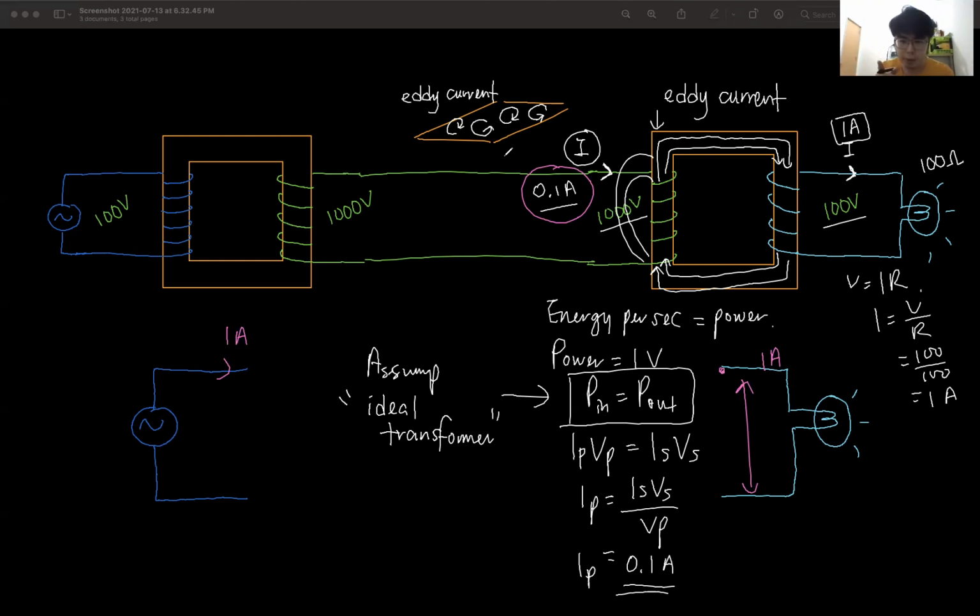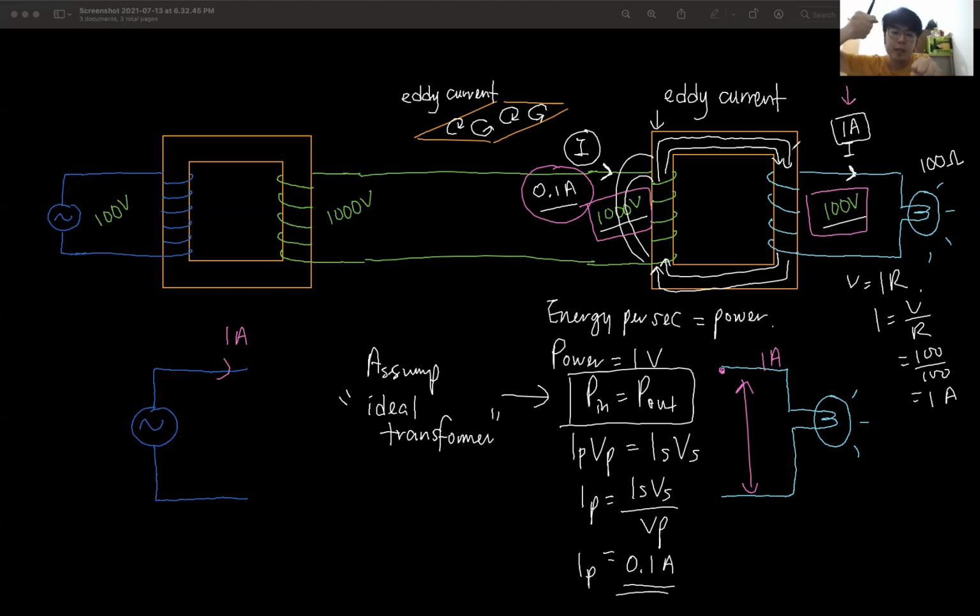Now, there's one question. Sorry, let me redo that. Why, when I decrease the voltage, does the current increase? Look here: the voltage was originally 1000, right? I step it down to 100. The current was originally 0.1, and when I step down the voltage, the current increases to 1 ampere. Why does the current increase when I step down? Conversely, when I step up the voltage, the current decreases. Because a transformer can increase the voltage, right?